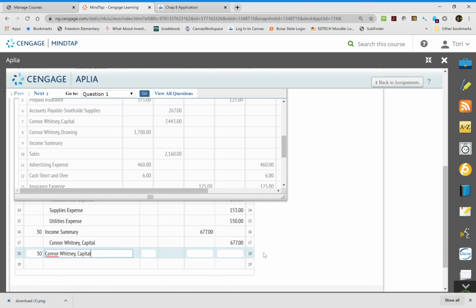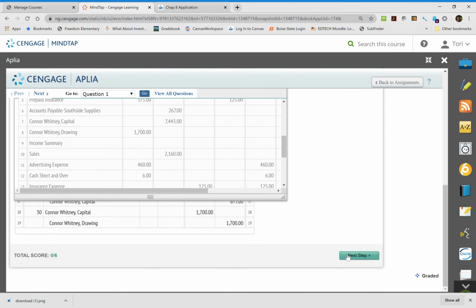So 1,700, and we will debit capital, credit Connor Whitney drawing for 1,700. All right, so that's how we close out our accounts.